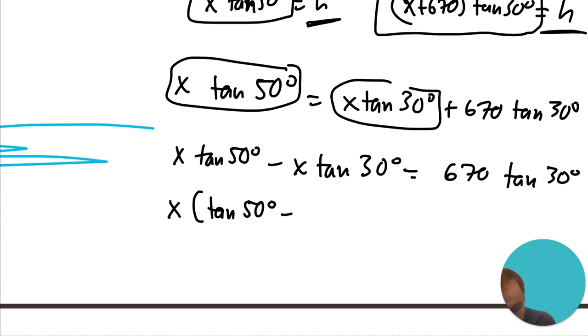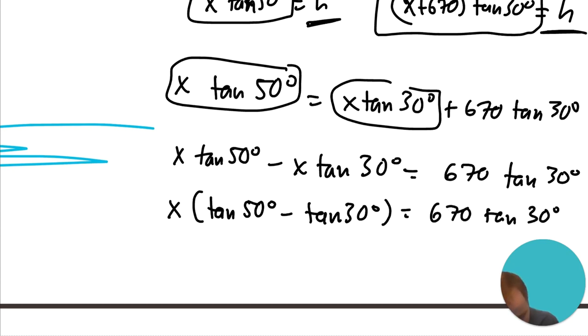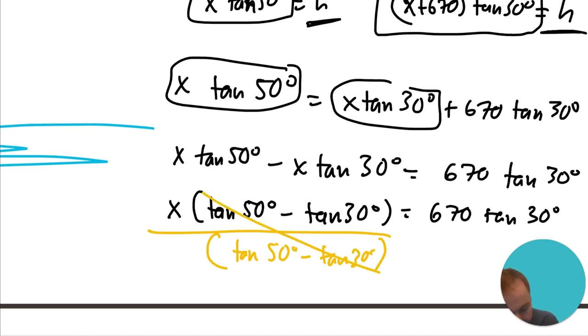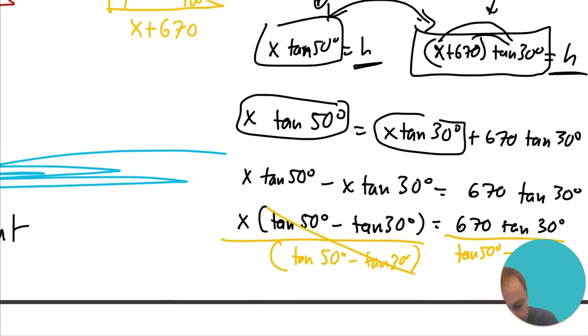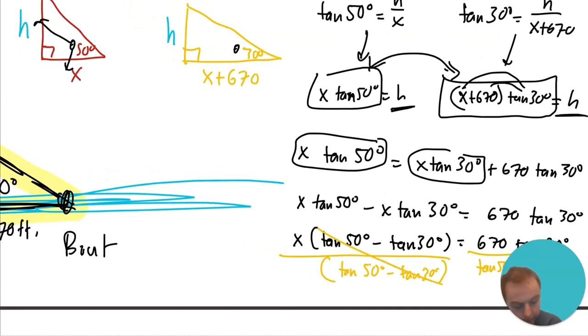So then tangent 50 minus tangent 30 is inside of the parentheses. And then you can get the x alone if you divide by that subtraction of the two tangents right there. Cancel that all out, and do the same thing right here. And then you can divide by tangent of 50 degrees subtracted by tangent of 30 degrees. So that should give you what x ultimately is.